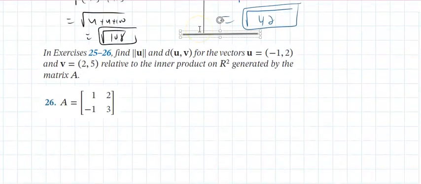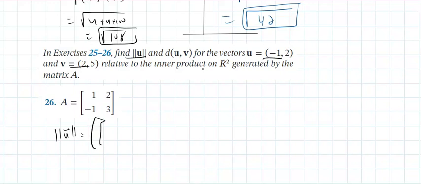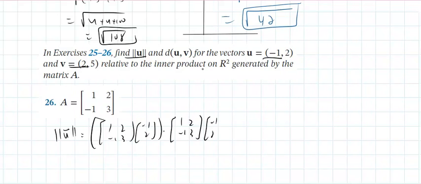And what if I wanted to apply this on the matrix? There's U, there's V. I want to find the magnitude of U. Well, the magnitude of U is simply 1, 2, -1, 3 multiplied by -1, 2. Dot that with itself, square root.